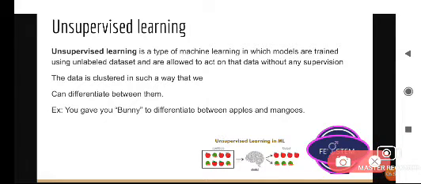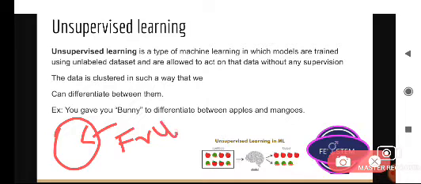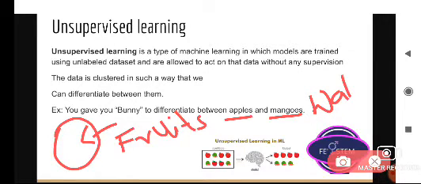Let's take an example of a robot bunny. If you have given a bundle of data containing fruits, the fruits are apples, mangoes and watermelon. I'm sorry, I'm not writing the whole word over here, it's not possible.